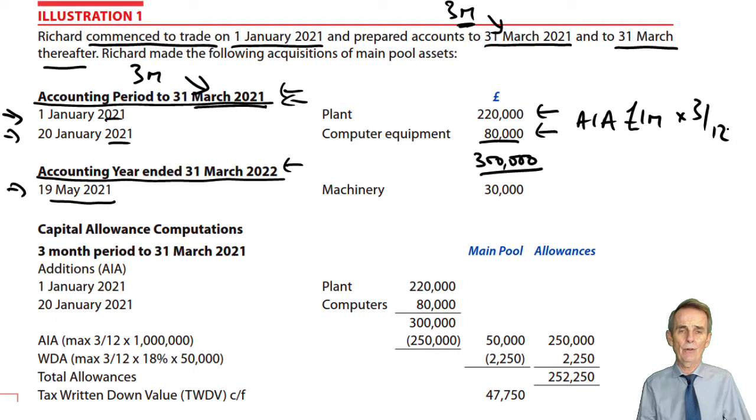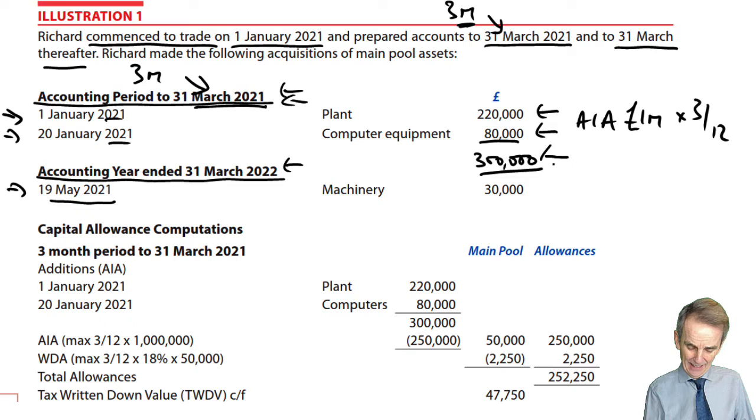That will equal £250,000, which means here, as the cost is in excess of that at 300, we'll be able to claim AIA of 250,000, the 3/12 maximum limit for this period. But the remaining balance of £50,000 will not be entitled to AIA.